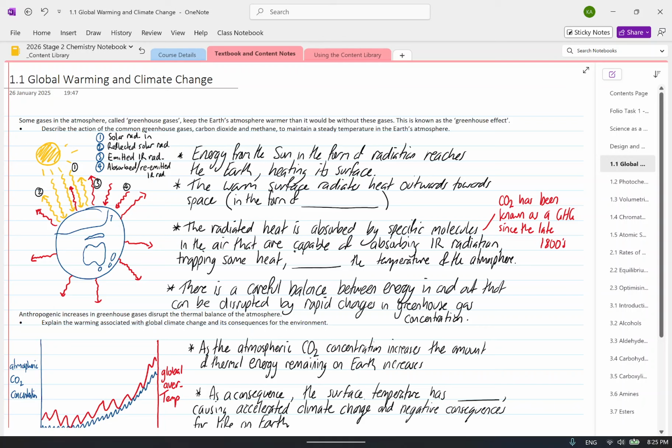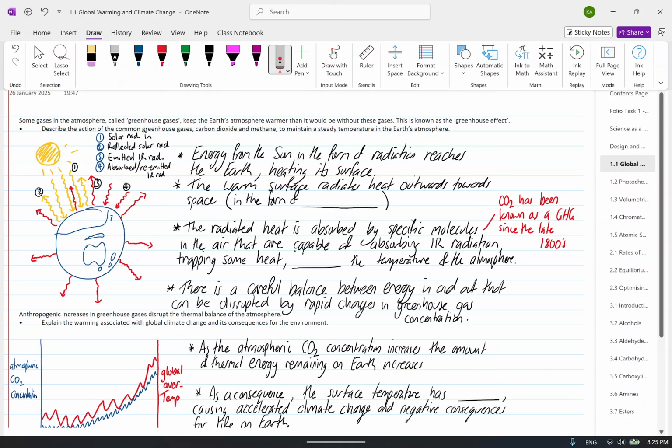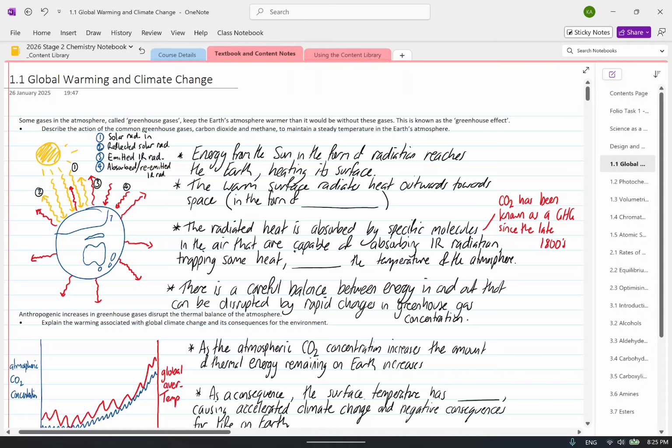Now, once the Earth has absorbed that light, it will heat up, and then it will radiate the light back out in the direction of space in the form of infrared radiation.